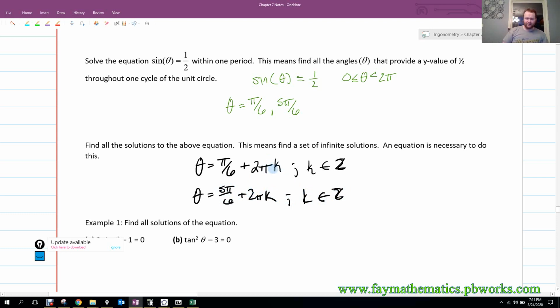This is a common practice for all functions that have a period of 2 pi. And if you remember, the functions that have a period of 2 pi are sine and cosine, secant and cosecant, but tangent and cotangent have a period of pi, so then this would just be pi k if it was tangent or cotangent. And we'll see a couple examples of that in a moment.